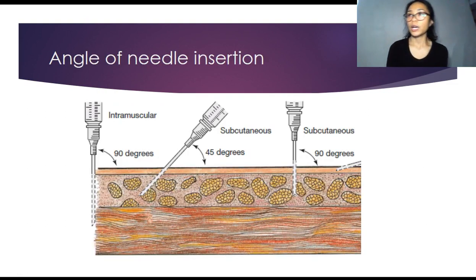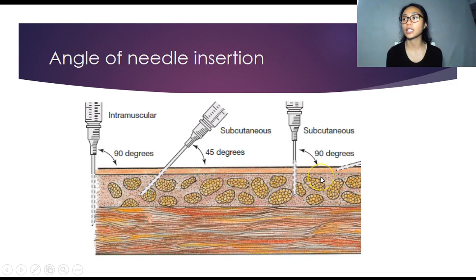This image will show you the angle of needle insertion and compare it to the different types of injections that we've sort of quickly spoken about. So subcutaneous injections going into the fatty tissue layer at a 45 degree angle sort of requires that longer needle length. But if you're going into the subcutaneous tissue at a 90 degree angle, you'll have a shorter needle length.